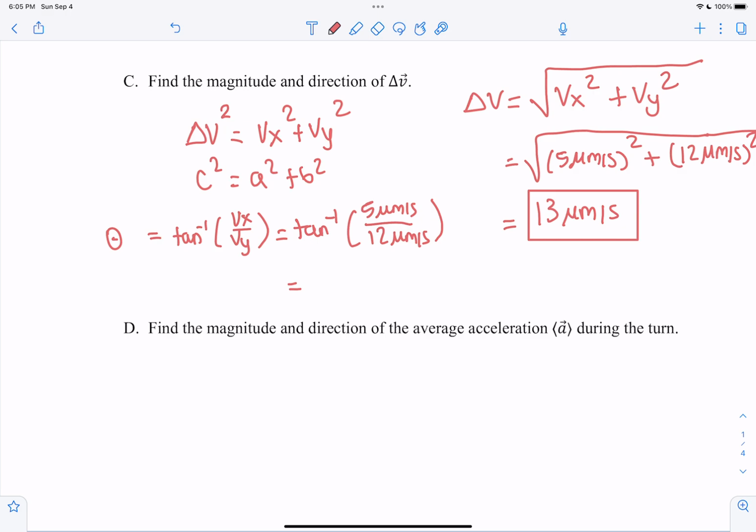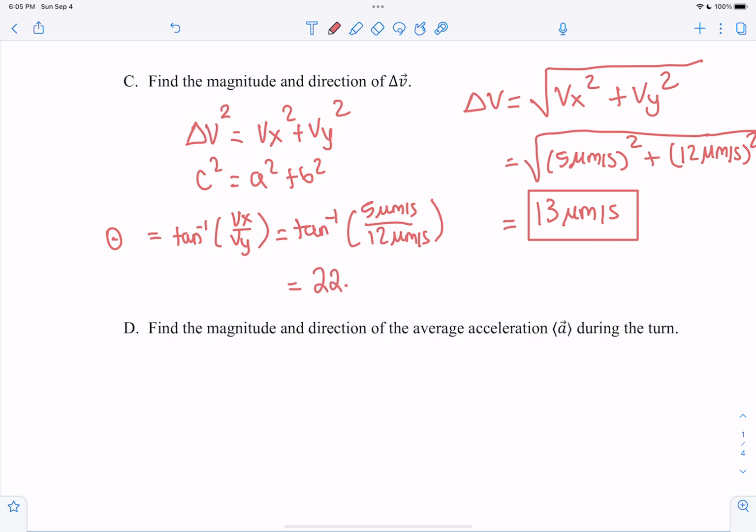Let me know what you guys get for the angle. 22.6 degrees.